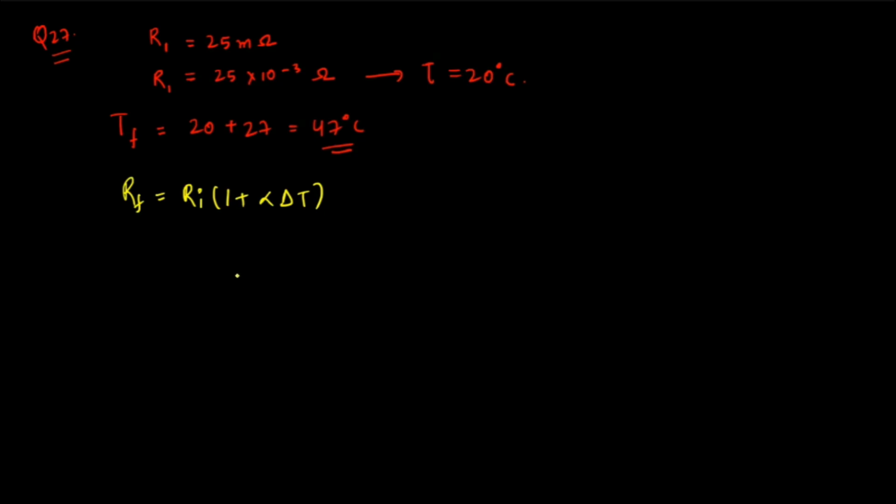In order to solve this equation, we need to know alpha. Alpha for which wire? Copper wire. Do you know what the alpha for copper wire is? Any idea? See, the PDF which you have shared has the value 1.68 times 10 to the negative 8.